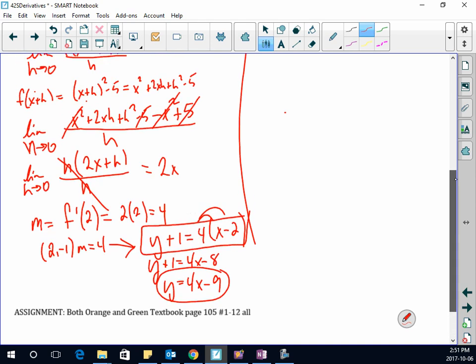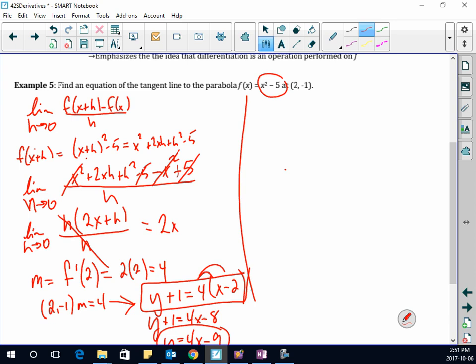Okay, I'm going to do the other one. That's f prime of a is equal to the limit as x goes to a of f of x minus f of a over x minus a. Some people didn't understand that the a was actually 2.